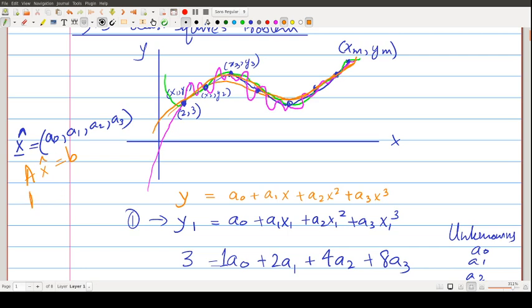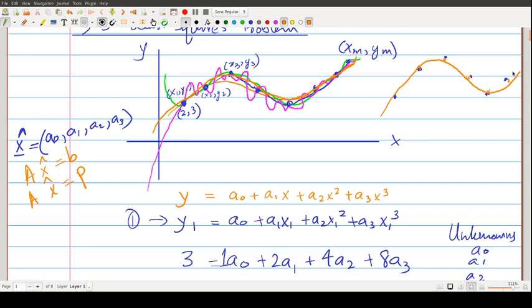What I did find was A x hat equals P, such that it's not going to be able to pass through all of these points. So let me draw the diagram again. Unfortunately, it won't be able to pass through all of these points. That's not something I can guarantee, but it will pass through some of them, or it will be such a curve that these distances, this residual, this residual, this residual, will be as small as possible.